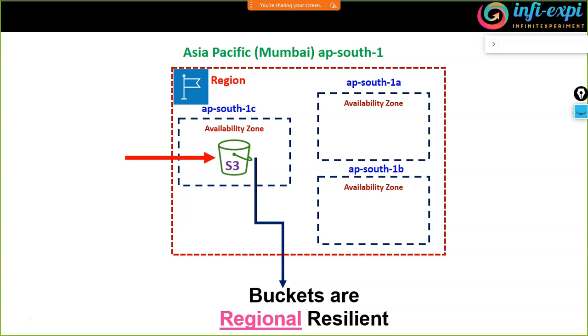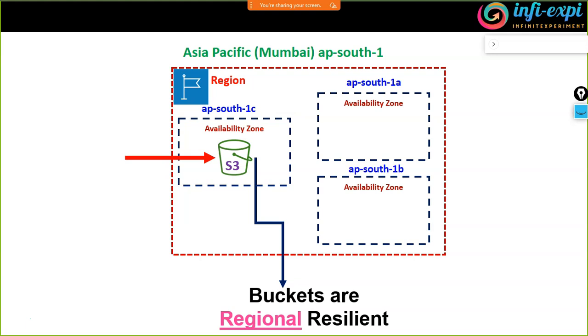Even though S3 is a global service in the AWS global service list, it is specific to a region. If you want to take it to another region, you can configure it in such a way, and you can move the bucket to another region.